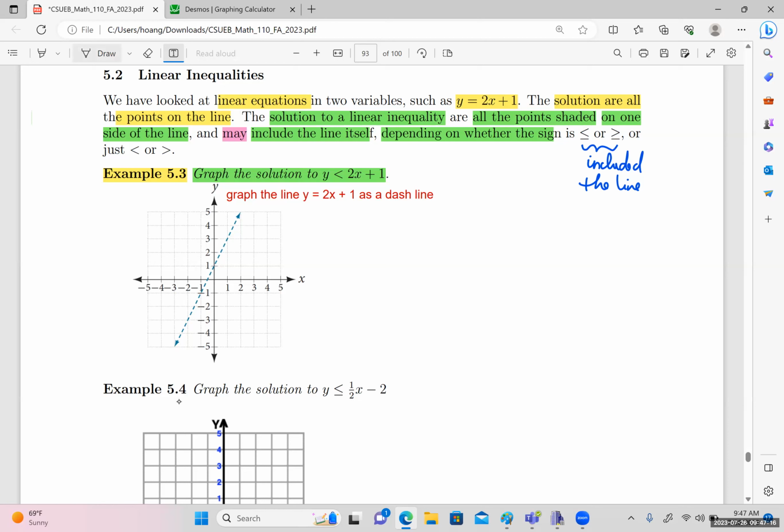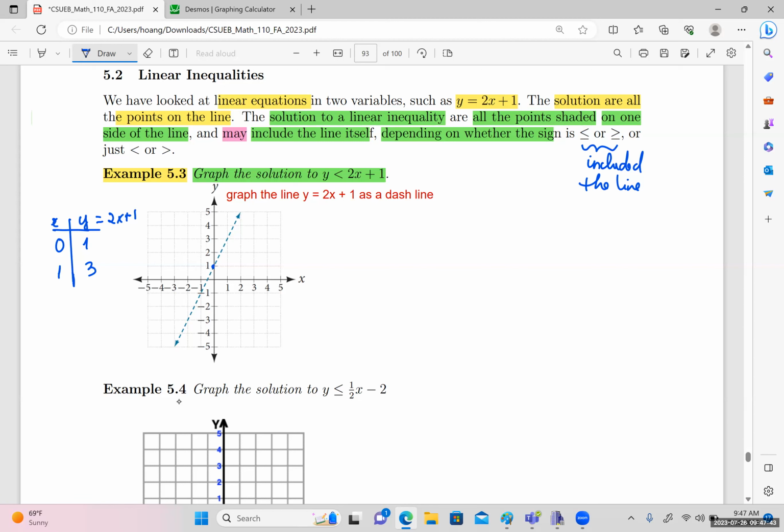You can just use a t-table with 2 points, that is enough for you guys, right? So you can choose 0, y equal to 2x plus 1, so 0 is going to give 1, right? And then at another point you can choose, I don't know, maybe 1, and then that's going to be 3, right? So you will have 2 points.